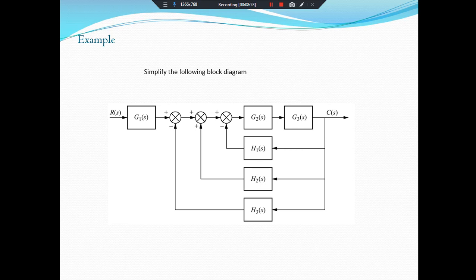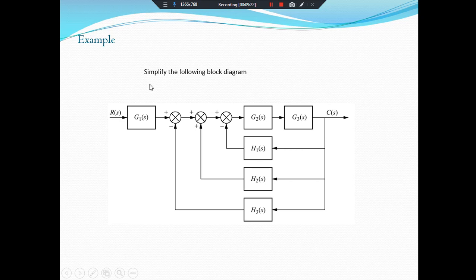If we want to reduce series blocks, parallel branches or a feedback path into a single transfer function, what will we do? And we should also know the effect of moving any block or summing junction before or after a pickoff point or any summing junction.